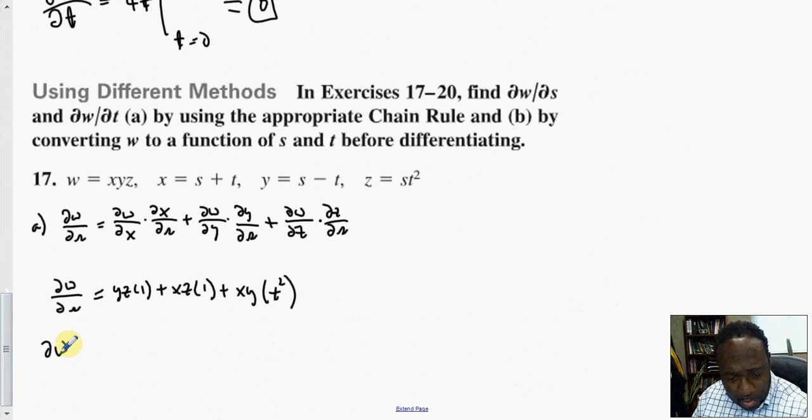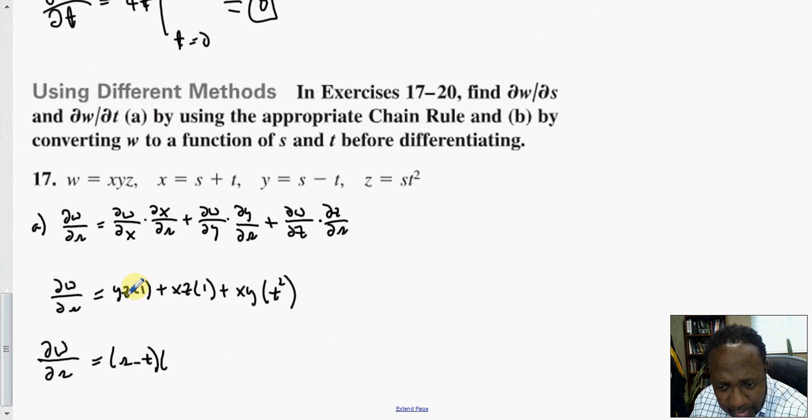Now you write everything in terms of s and t. So y is s minus t, and z is s t squared, and x is s plus t.